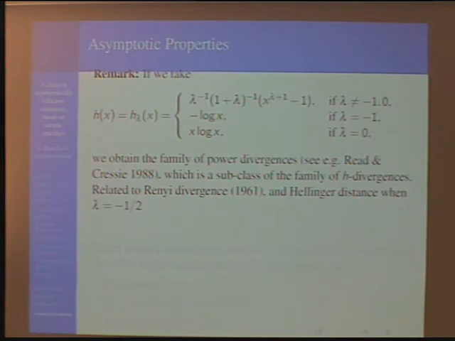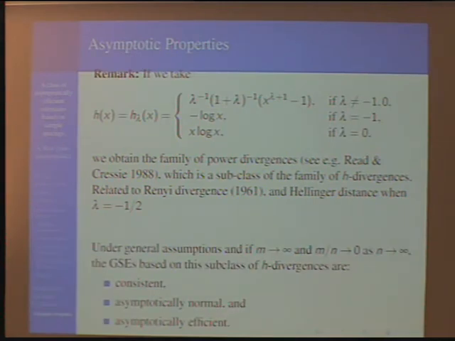And Hellinger distance is a special case of this, with lambda equal to minus half. So we look at this class of power divergence measures, power divergence statistics. In other words, this is a subclass of the other bigger class that I introduced earlier, convex functions and so on. This is a special case.